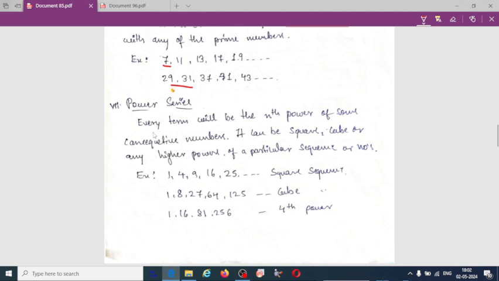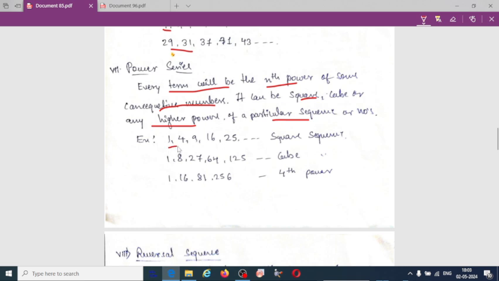Power series, as the name indicates, every term will be the nth power of consecutive numbers. It can be a square, cube or any higher power of the particular sequence of numbers. So let us take the example here: 1, 4, 9, 16, 25. 1 square 1, 2 square 4, 3 square 9.